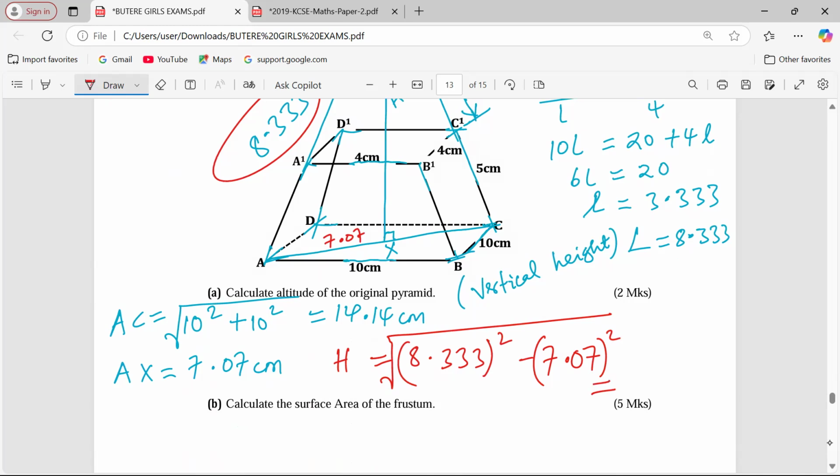So what will be this height? This is going to be 8.33 squared minus 7.07 squared. We take the square root, and we're getting 4.41 centimeters.